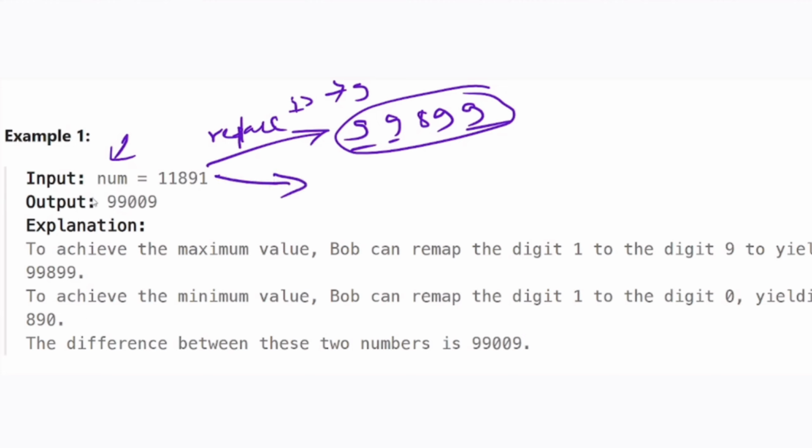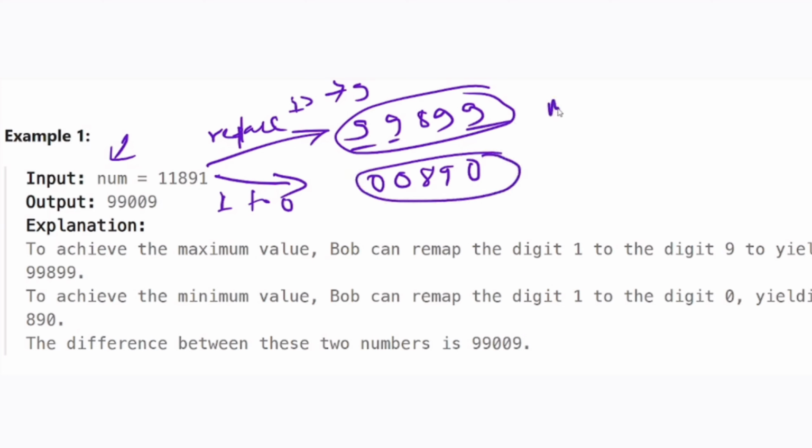Now think about num: if we convert all the ones to 0, what will we get? This is 0, this is 0, then 8, 9 and 0, right? So when we do 1 to 9, we get this, and 1 to 0, we get this.